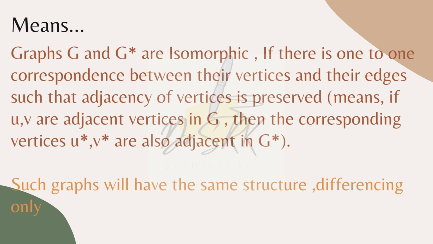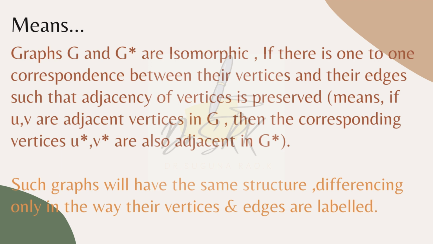What is the meaning of adjacency of vertices is preserved? If suppose u, v are the adjacent vertices in the graph G, then the corresponding vertices u star, v star are also adjacent in G star.